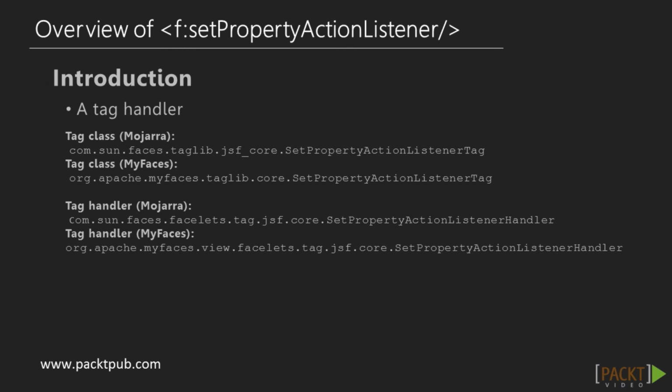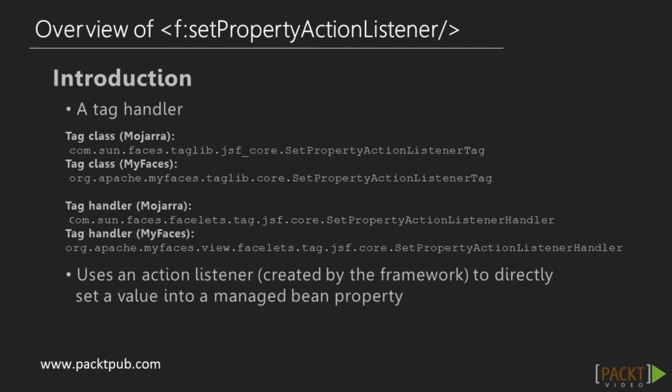In order to set the property values via action listeners, we are using a tag handler named setPropertyActionListener, whose coordinates are the following tag classes and tag handler classes. The f:setPropertyActionListener tag uses an action listener created by the framework to directly set a value into a managed bean property.